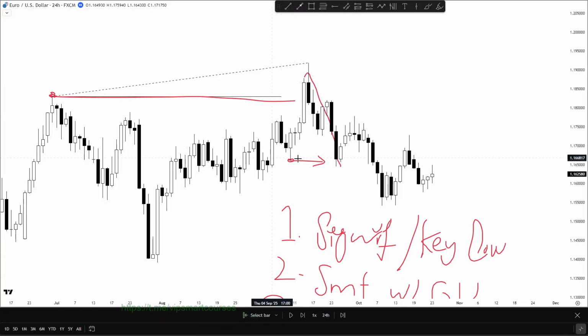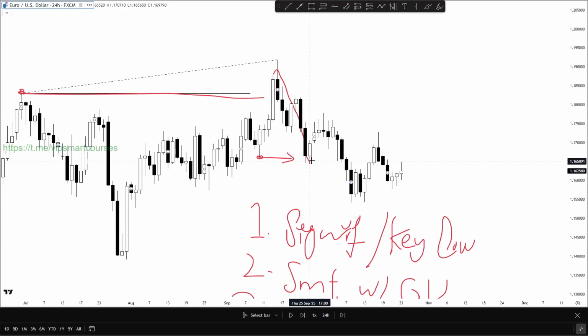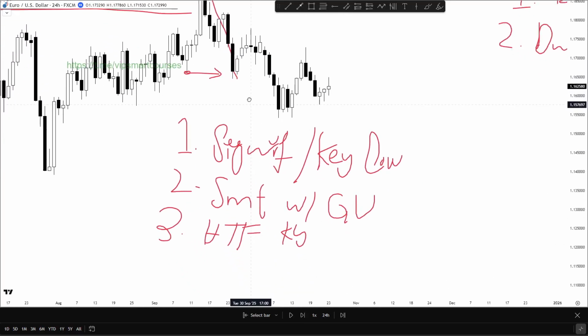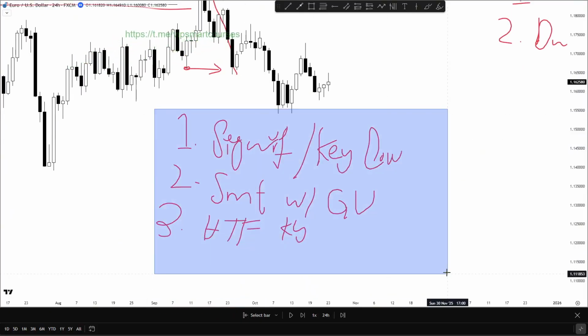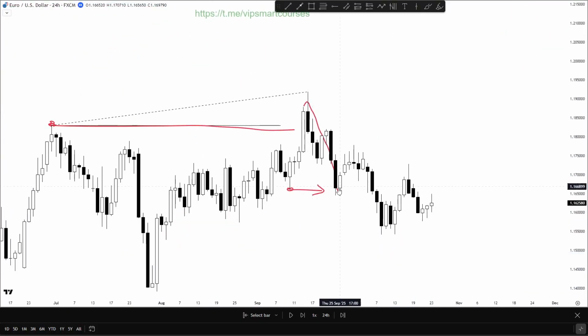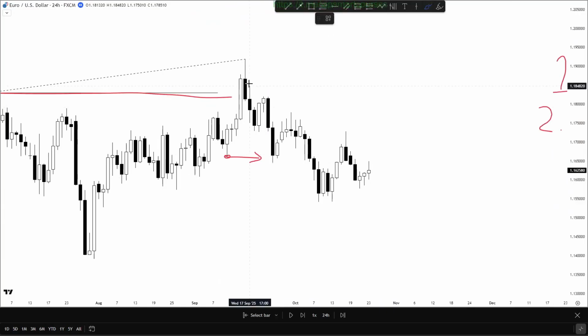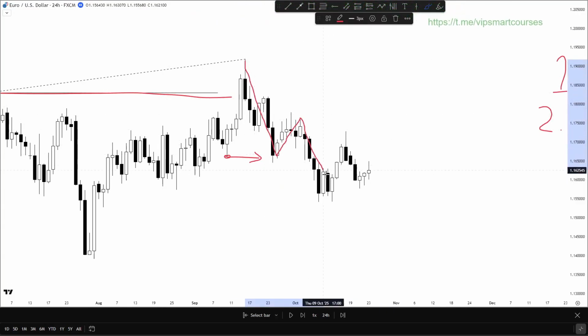Because of all of those factors, this structural shift was considered a valid one. From this point on, we shifted into a bearish trend and started moving in an underlying bearish directional trend.